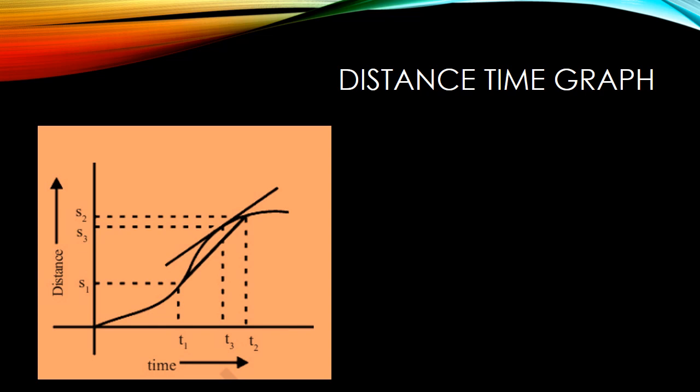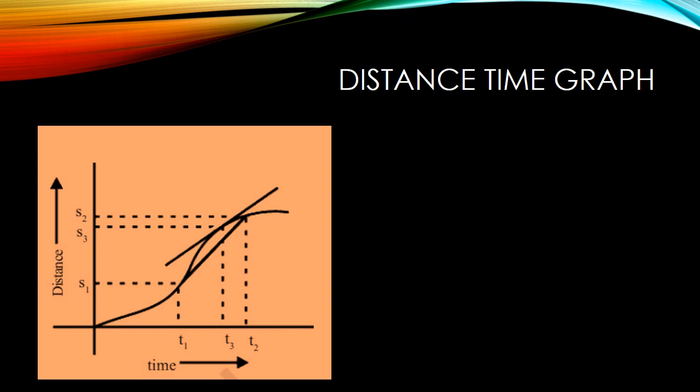Draw distance on the y-axis and time on the x-axis. Let us say S1, S2, S3 on the y-axis and T1, T2, T3 on the x-axis, the time axis. If you observe, at time T1 it reached a distance S1, at time T2 it reached a distance S2, and at time T3 it reached a distance S3.